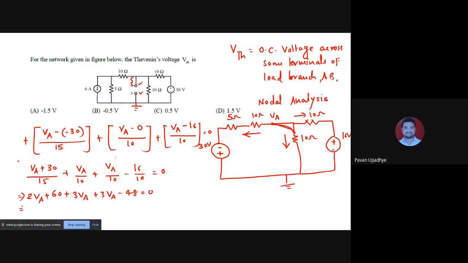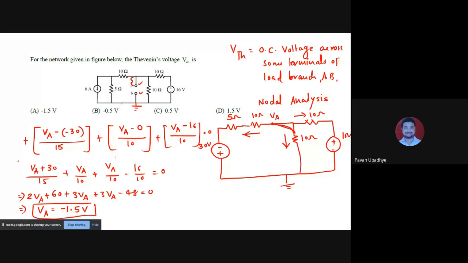You can solve this definitely, because there is only one variable and one equation. One equation, one variable is very easy. So VA, if you solve it, will be minus 1.5 volt.